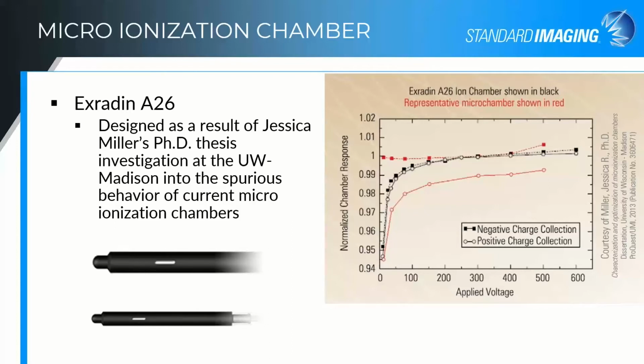So the red plot here shows applied voltage, and if you're applying a negative voltage, you're collecting positive charges. The chamber might behave this way, whereas if you switch polarity, it behaved very differently.